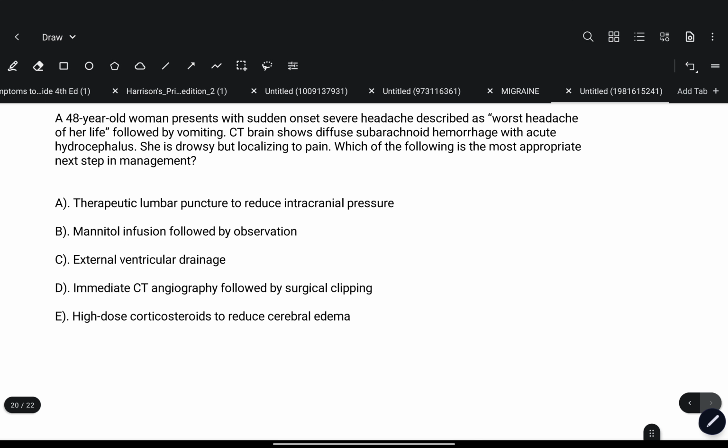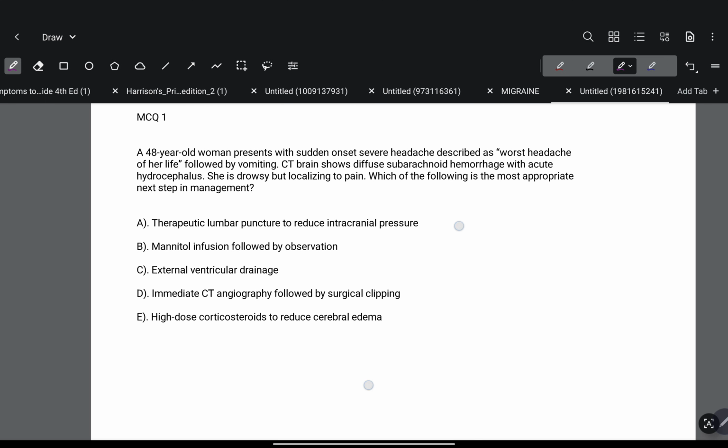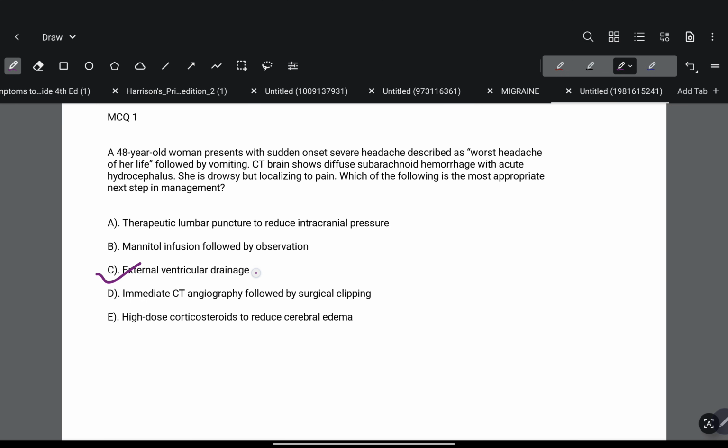As we have read, the likely answer is external ventricular drainage. Why? Because the patient has hydrocephalus, which is a contraindication to performing lumbar puncture.